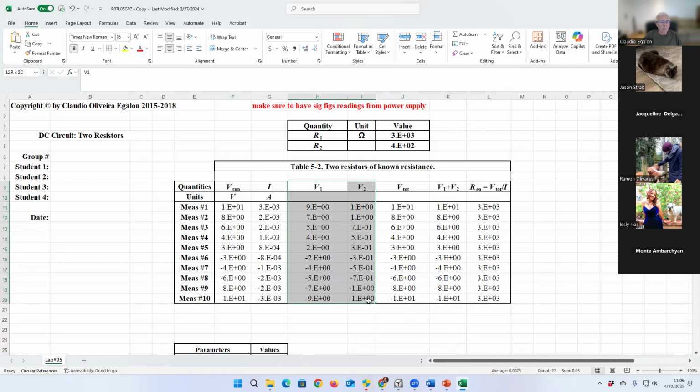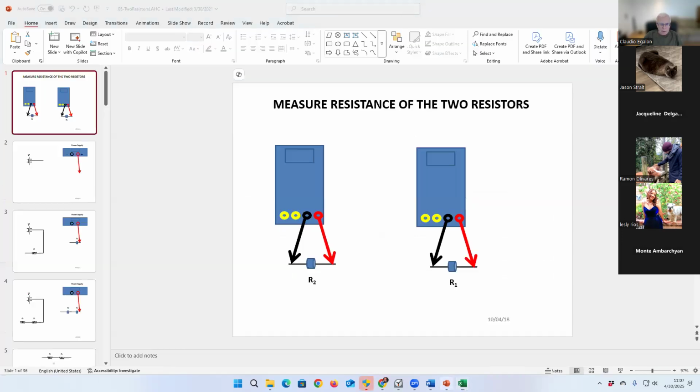We had only V1 previously because we had only one resistor, but now we have 2 resistors. Because of 2 resistors, the electric potential is split between one resistor and another one.